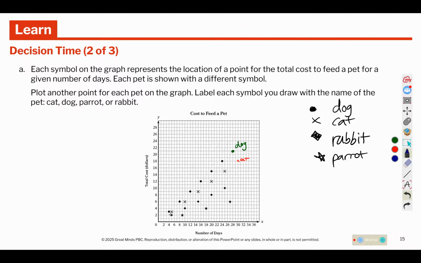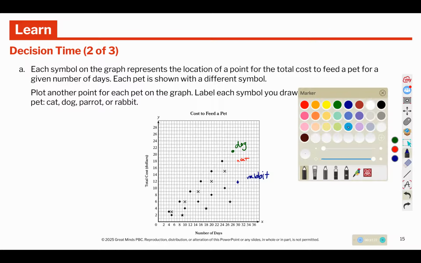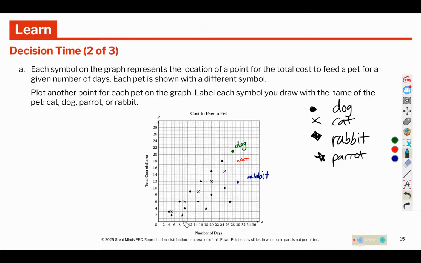The rabbit: 5 days, $2. 1, 2, 3, 4, 5, and up 2. That is the rabbit. The star is 9 and up 2. 1, 2, 3, 4, 5, 6, 7, 8, 9 and up 2.